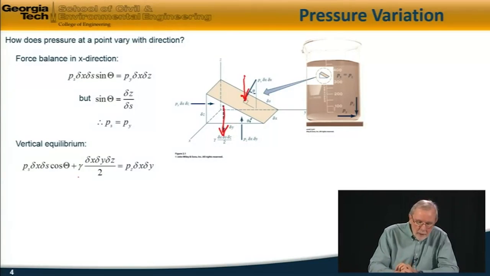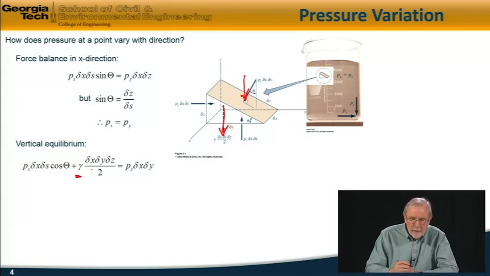The weight of the fluid element is the specific weight gamma times the volume, delta x delta y delta z over 2, and that is balanced by the upward pressure force in the z direction, Pz delta x delta y. Simplifying this equation, we get Ps plus 1/2 gamma delta z is equal to Pz.